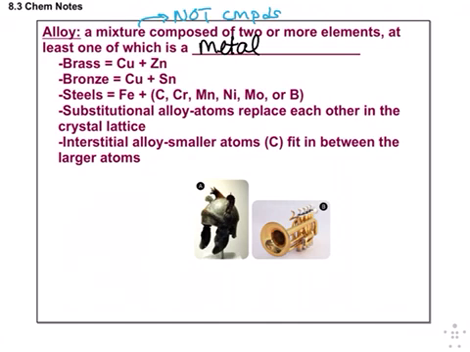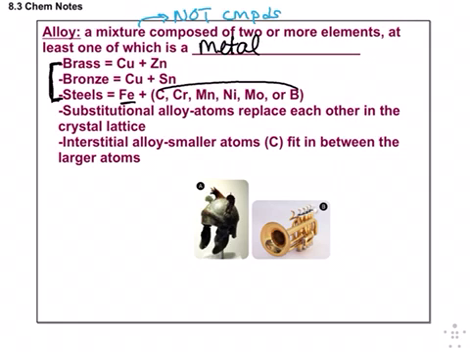So a couple or 3 pretty common alloys are brass, bronze, and steel. Brass is made up of copper and zinc, bronze is copper and tin, and there are different types of steel. The main element in steel is iron, and then you can have any one of these other atoms be found in steel.